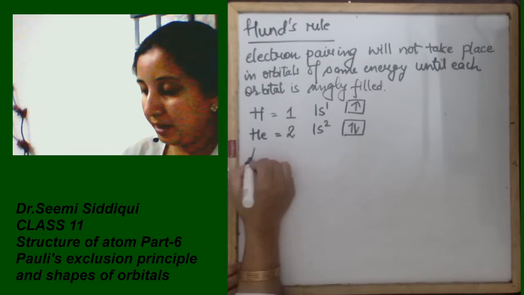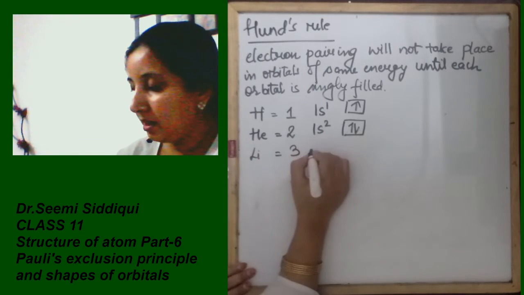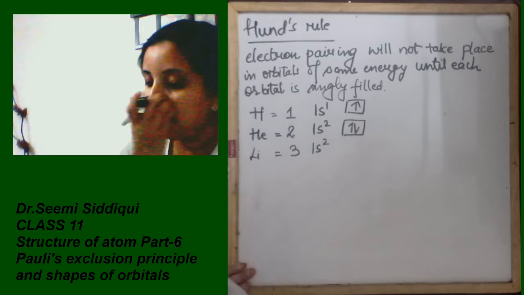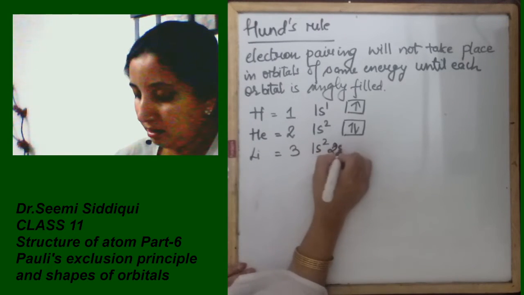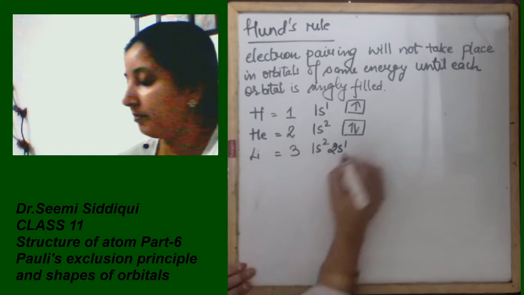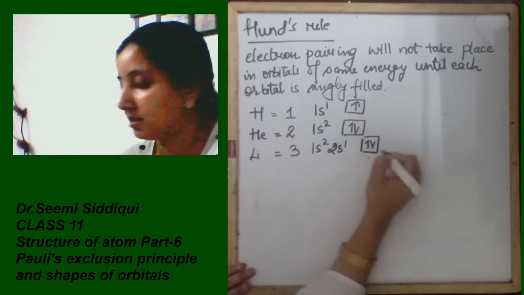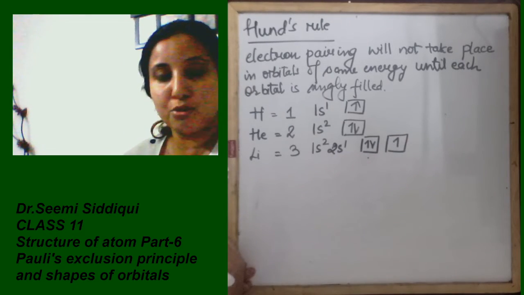Then after helium we have lithium 3. तो 1s2, अब 2 fulfill हो गए. After the 2 it will come to the 2s orbital, so it is going to have 2s1. So what we are going to do, this is the 1s and then this is the 2s.